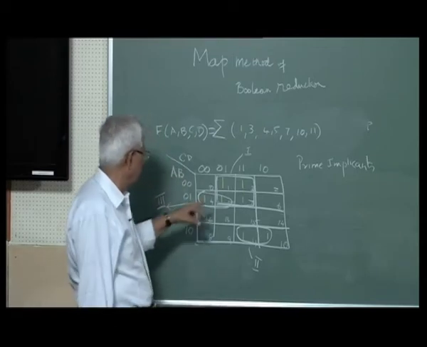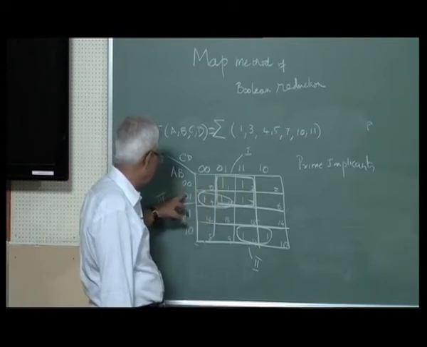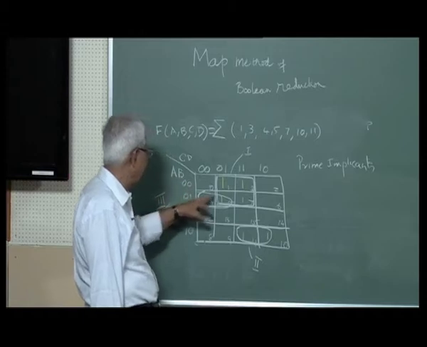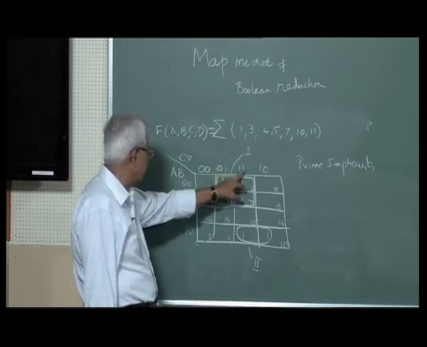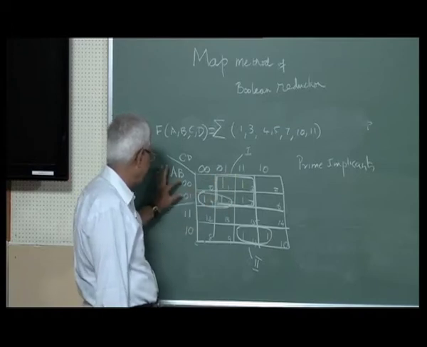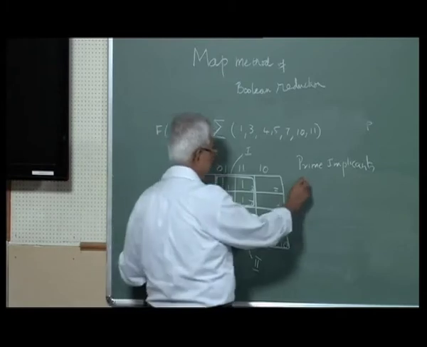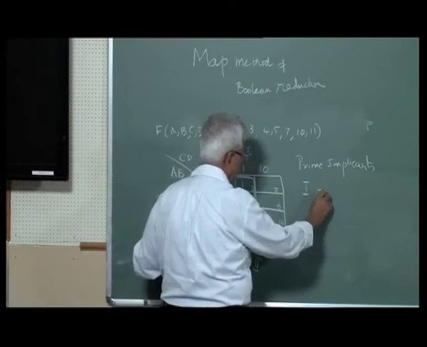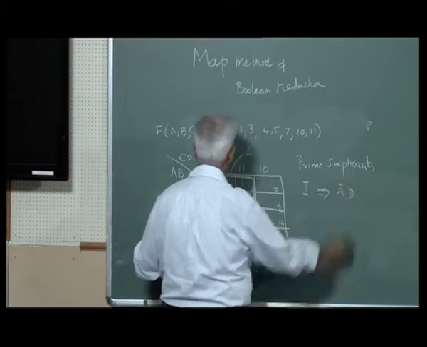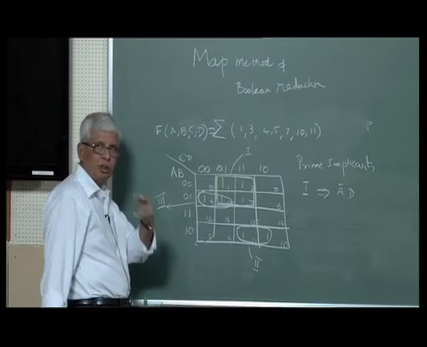Now, this prime implicant will have A bar here common, B changes, D remains common, C changes. So, this is A bar D. So, 1 is A bar D. Four terms, 2 variables.